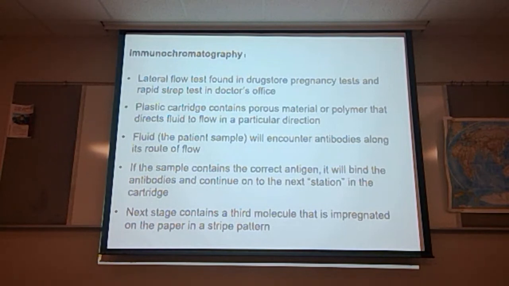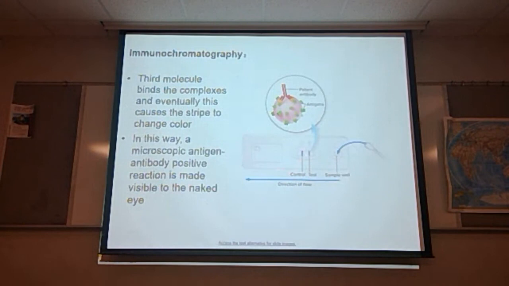The next stage will contain a third molecule that is impregnated on the paper in a striped pattern, and you wind up with the control telling you the experiment worked, and here's the test. The third molecule will bind the complexes, and eventually this causes the stripe to change color. In this way, a microscopic antigen-antibody positive reaction is made visible to the naked eye.